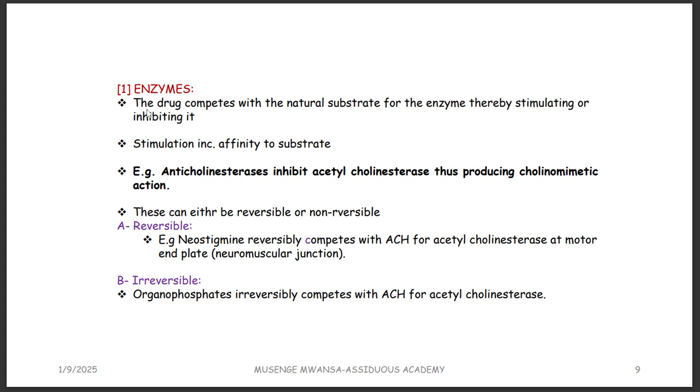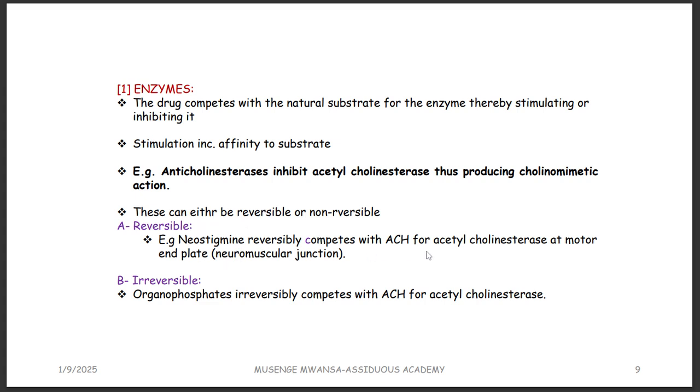Now these receptors and the way they interact with the drugs, they can either be reversible or non-reversible. For example, some reversible drugs, the same inhibitors for acetylcholinesterase, you have neostigmine. You are going to understand this in a few topics from now.